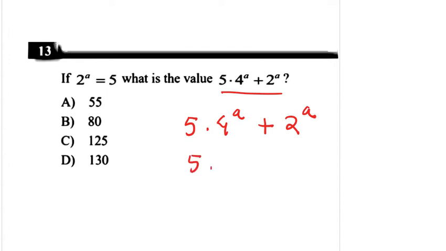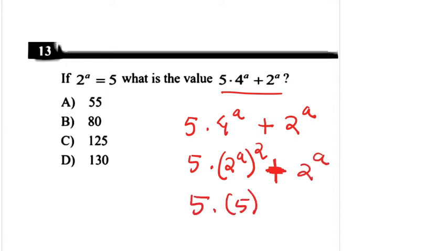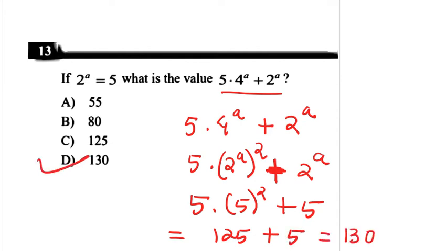So 5 into 2 to the power a whole to the power 2, plus 2 to the power a. So that is 5 into 5 whole square plus 5, that is 125 plus 5, that is equal to 130. So there you go, that's option number 3.